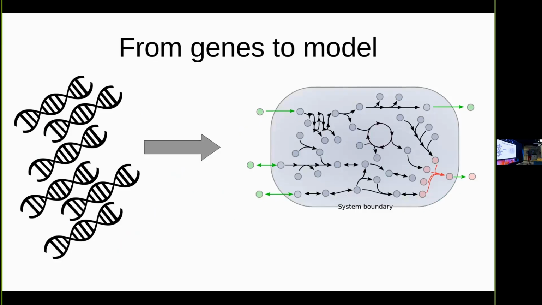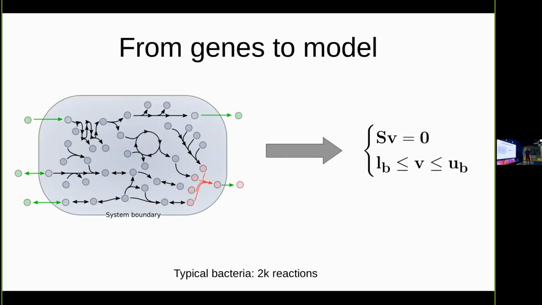So you go from a set of genes to a graph that represents the metabolic ability of your set of genes. And the reason why we are using a graph or network is because, with some other assumptions, we are able to transform that into linear equations.